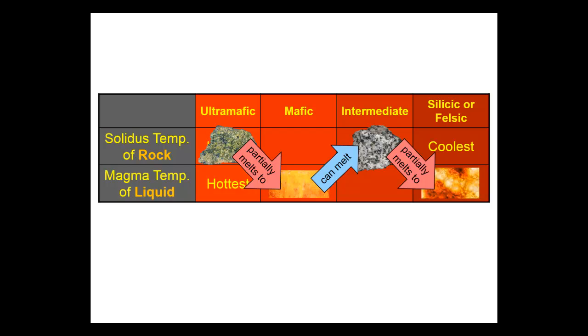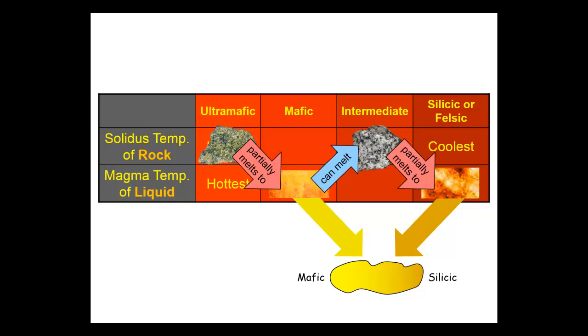And we can imagine then tapping off portions of both of these kinds of magmas, one cooler, the silicic one, and one hotter, the mafic one, and mixing them in various proportions. And if we do that, we can produce magmas that range in composition all the way from mafic to silicic. And indeed, this is one of the primary ways in which we generate the diversity of compositions of magmas that we see in rocks on the crust.